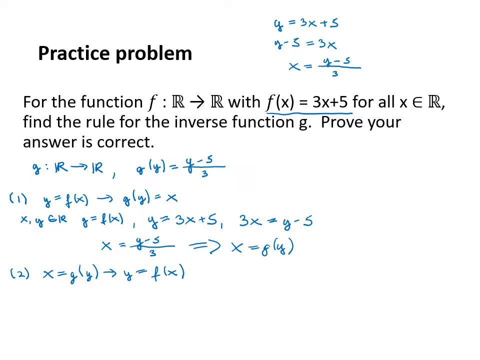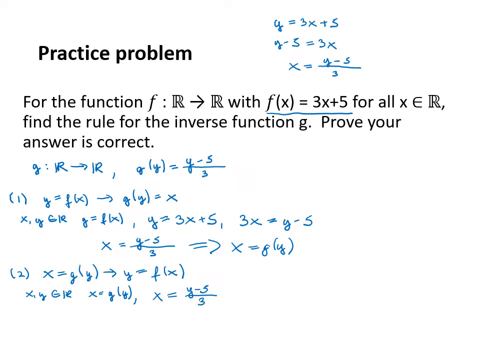Now the other one. We have x, y elements of R, such that x is equal to g of y. When we plug in the rule, we get that x is equal to y minus 5 divided by 3.